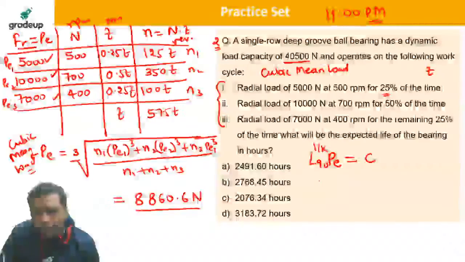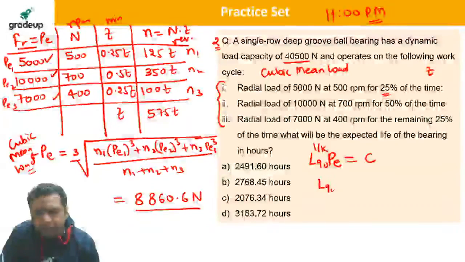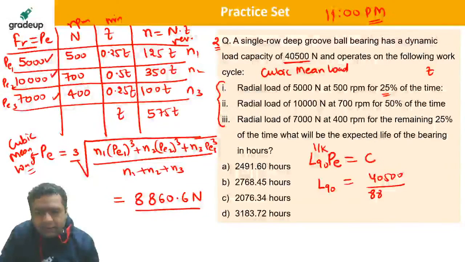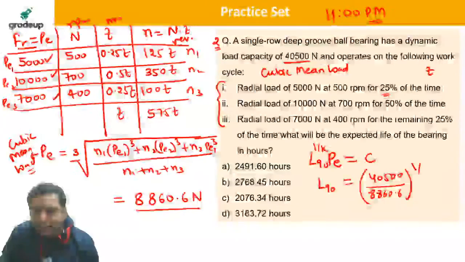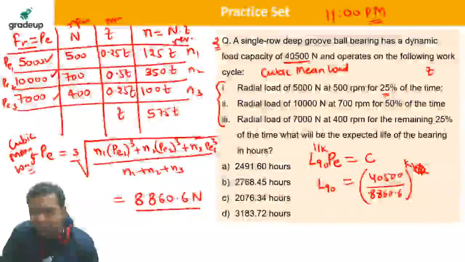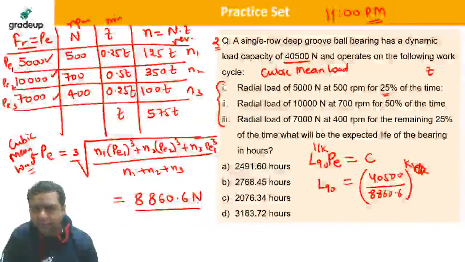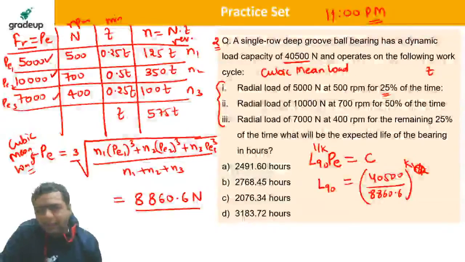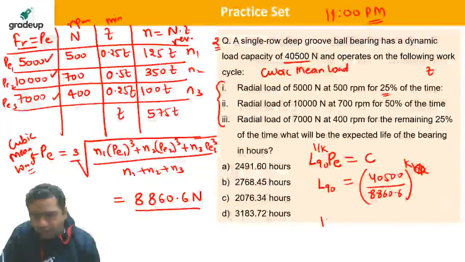So guys, you need to find out now L90. You will be getting C 40,500, P E 8860.6 to the power 1 by K. Note, 1 by K, this time it will be K. Why? Because when you do the power K, you will be getting this. And K for ball bearing is 3.